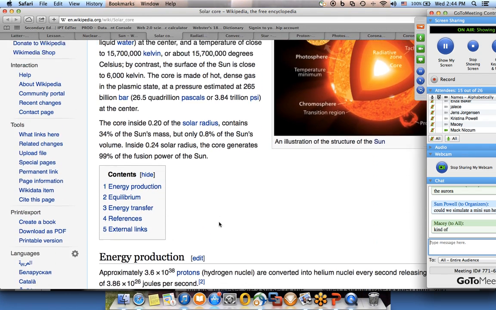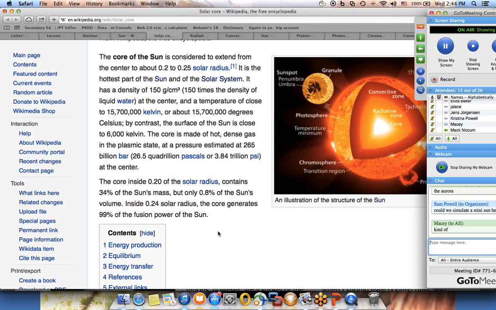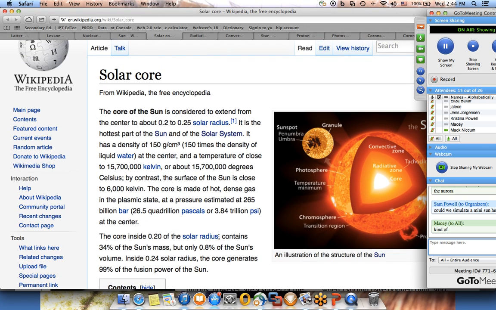So that is what happens at the center of the sun and how the energy of the sun is produced. This energy travels through space, and in fact all the solar system is enveloped with this energy from the sun.